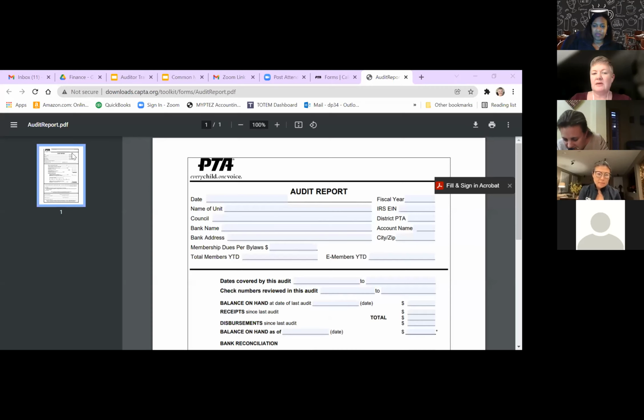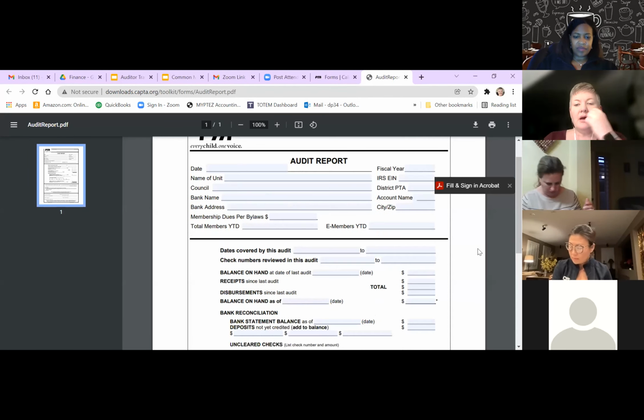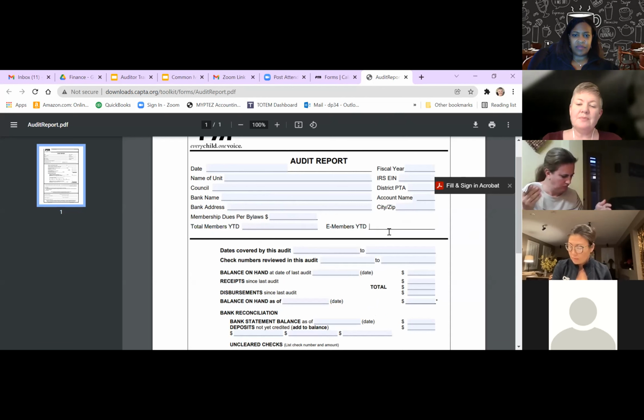This is obviously what the audit report looks like if you have not seen it before. All this top information you can get from the previous audit. If you don't for some reason have that previous audit report, you should, because that's going to make everything easier. A few things have changed, and this is confusing a lot of people: the total membership and e-membership.